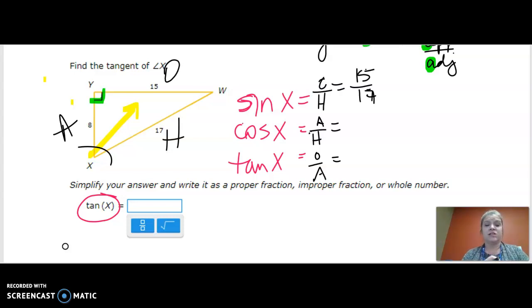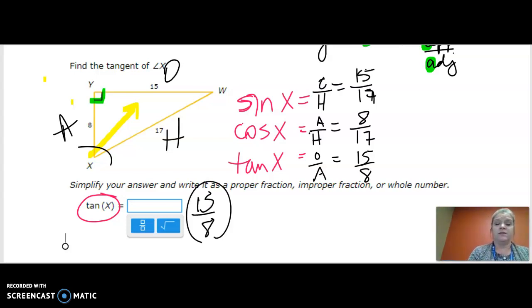Cosine is adjacent over hypotenuse, which is 8 over 17, and tangent is opposite over adjacent, which is 15 over 8. So our answer in this problem would be 15 over 8 because it does not reduce. 15 is opposite and 8 is adjacent.